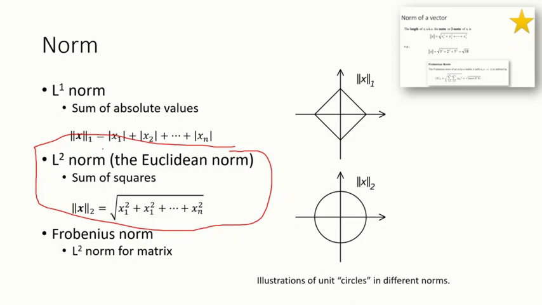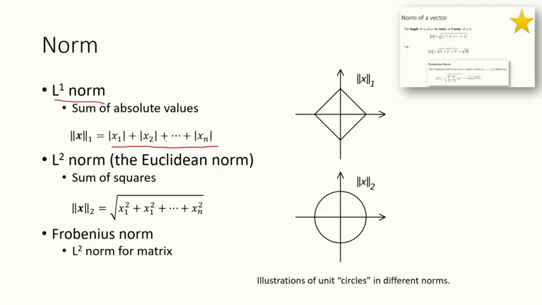L1 norm is even simpler, and that's only the absolute value of each element in the vector. For example, beta 1, beta 2, up to beta p, however many variables, you can estimate the L1 norm of those betas, just calculate the sum of the absolute values of those betas.